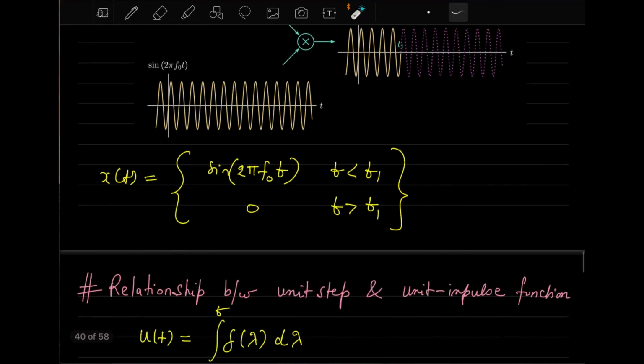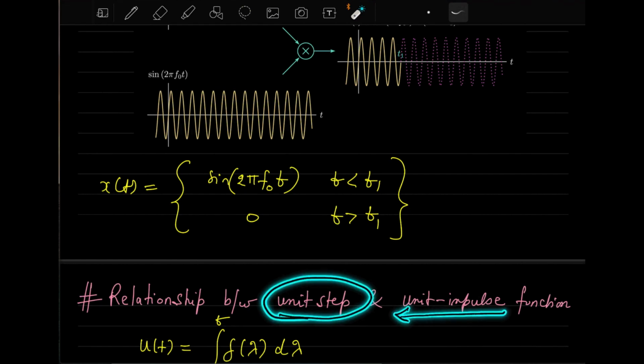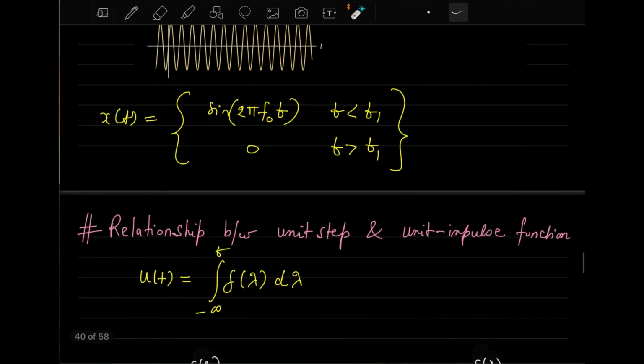Okay, so another important thing that we will discuss is the relationship between the unit step and the unit impulse function. If you observe, the unit step is related to the unit impulse function by integration. So what you do is you integrate the impulse function between minus infinity and t, and the result that you will get is the unit step u(t).